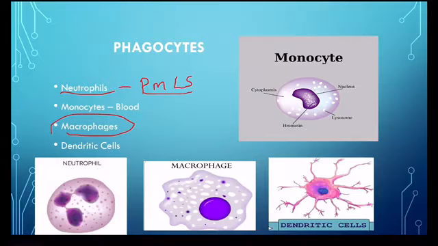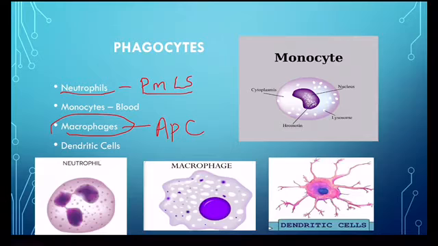The major function of macrophages here is as antigen presenting cells, also called antigen processing cells. So here, APC, antigen presenting cells or antigen processing cells. What is the meaning of antigen presentation or antigen processing?